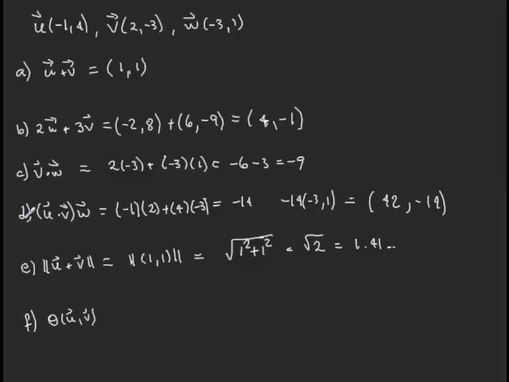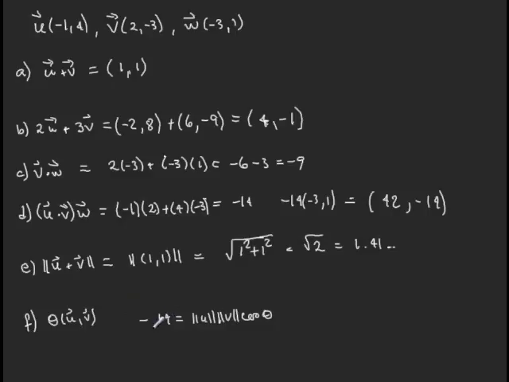And we did that over here in part D, and that's negative 14. So we have negative 14 equal to the magnitude of u times the magnitude of v times the cosine of the angle between them. And that's why we're doing the scalar product, because it gives us access to this theta here. The cosine of theta here is the angle between the two vectors.